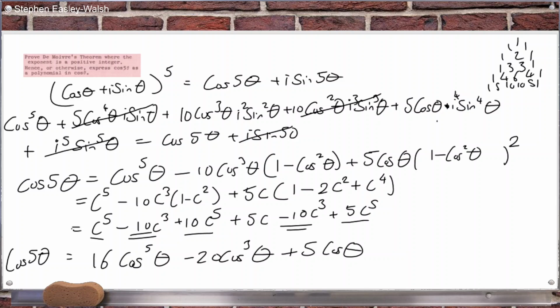Let me open the web here. Okay, so we'll make theta 10 degrees. So cos 50 is 0.64. Okay, so this is just a bit of a rough work check.